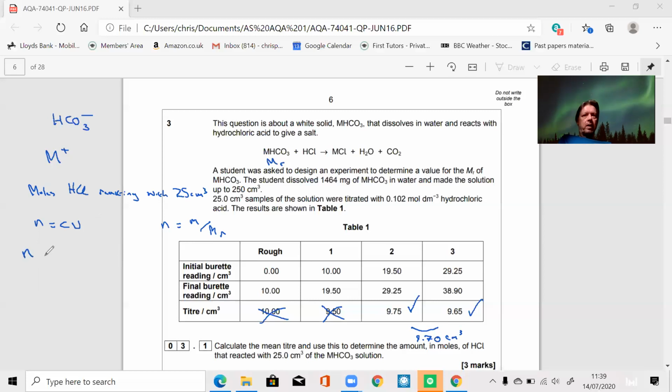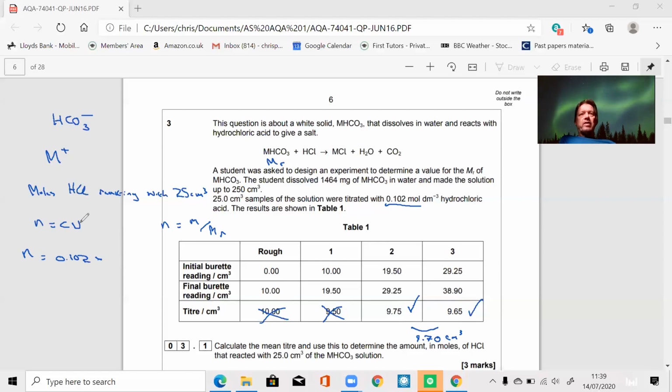And we're trying to find moles. So moles, concentration, they're giving us that, 0.102. The key to this is really remembering where the numbers are and knowing what they mean, because there's numbers everywhere. Volume, well, there's 3 volumes at least there, but the one you want, we're talking about HCl, and the titer, the average titer of HCl is 9.70.